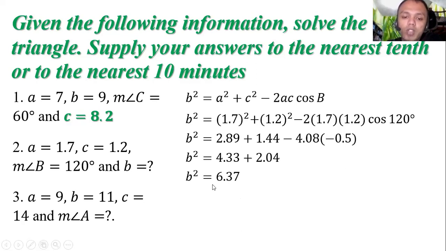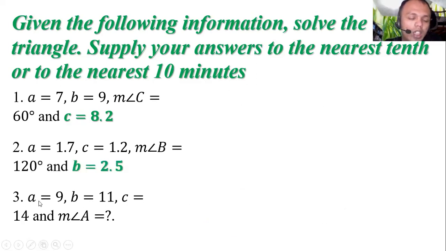Add natin, then we have 6.37. Get the square root of both sides. Then we have B is equal to 2.5. Okay? Next, number 3.